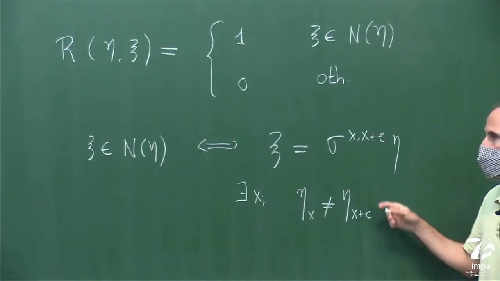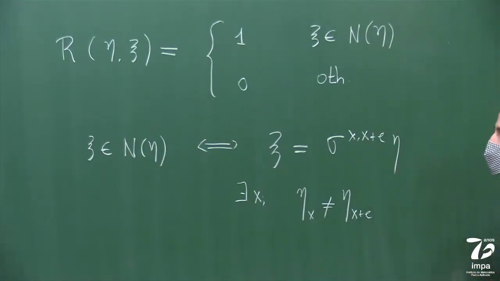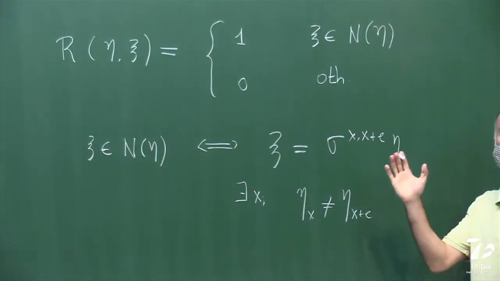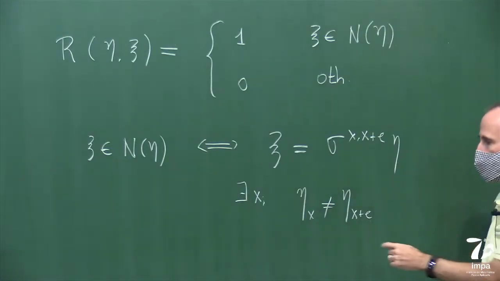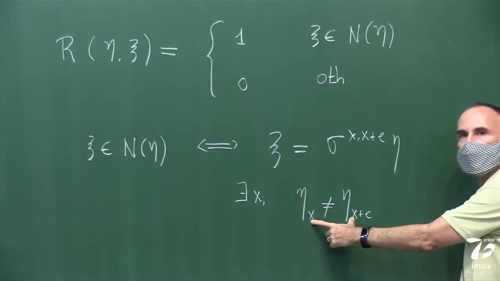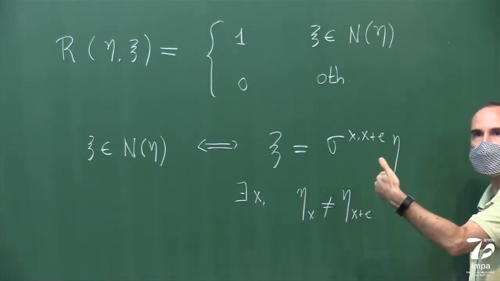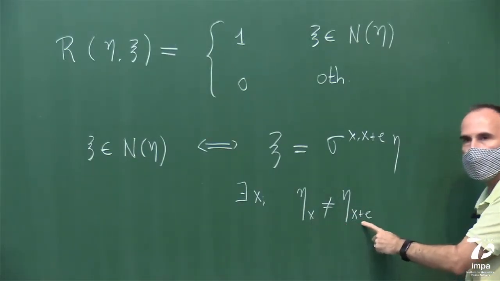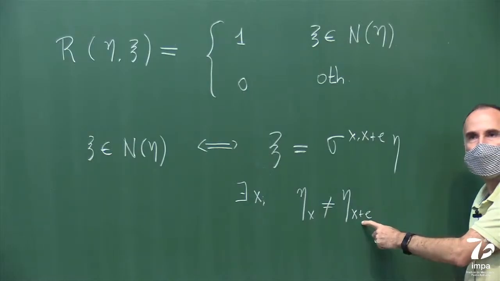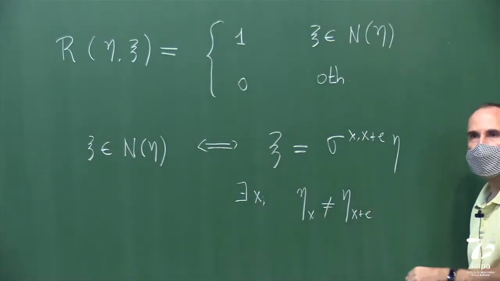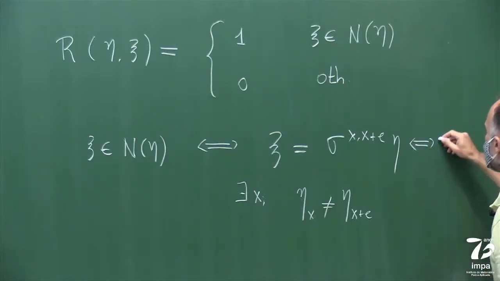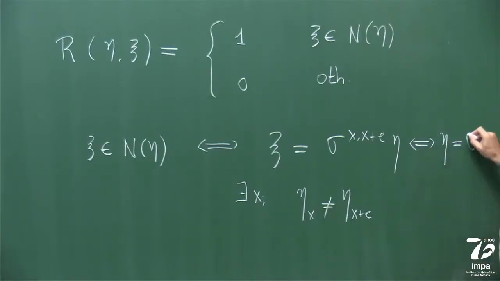But if this is the case, what is the configuration psi? Psi is the same configuration as eta everywhere, but at x and x+e I exchange. So if I had a particle at x and an empty site at x+e for eta, for psi that would change. And this happens if and only if eta is equal to sigma_{x,x+e} of psi.